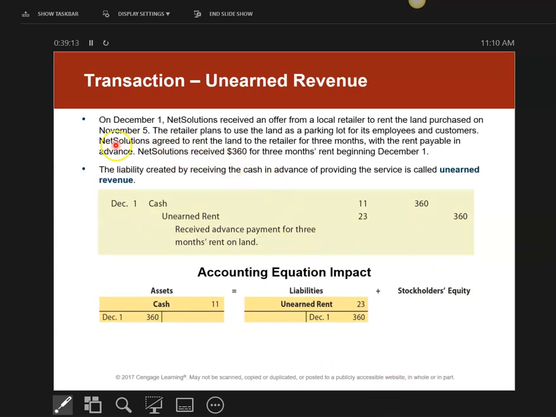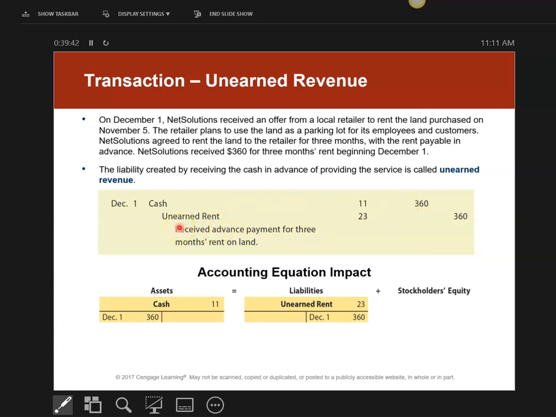On December 1st, I received an offer from a local retailer to rent the land I purchased last month. So I agreed to rent them land, and they're going to pay me 3 months in advance. They're going to give me $360 for 3 months beginning December 1st. I'm receiving cash, so I will debit the cash, and I'm going to credit something called unearned rent.